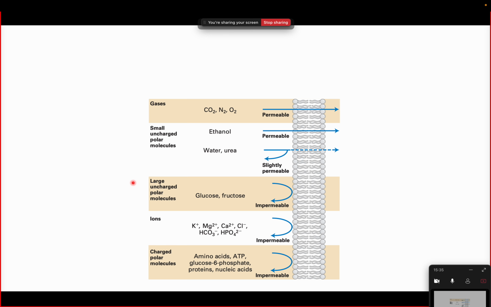You can see that CO2, N2, O2 are raw materials in many biochemical pathways, correct? Similarly, ethanol, water, urea, glucose, fructose, small ions such as potassium, magnesium, calcium, chlorine, then amino acids, ATP, all these are basic requirements of a cell to survive and do biochemical reactions. So if they are being used as a substrate, or vice versa, if they are produced as a consequence of a chemical reaction, they need to be transported or travel to the required places, right?